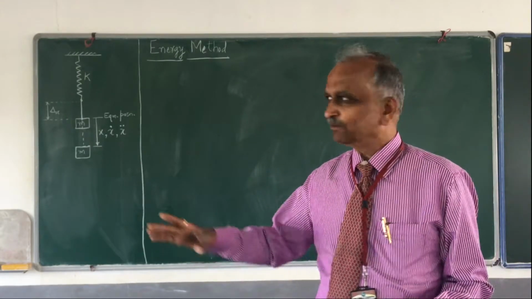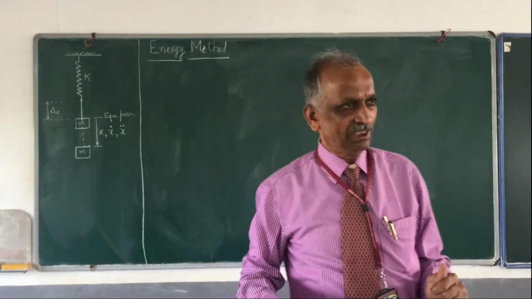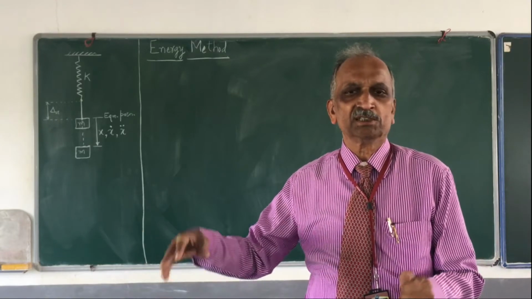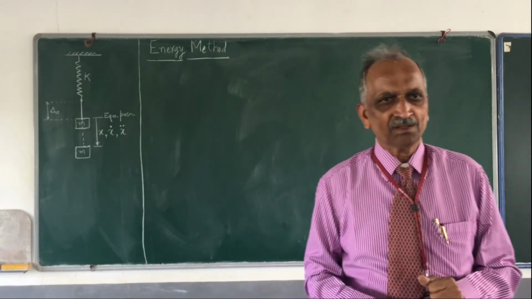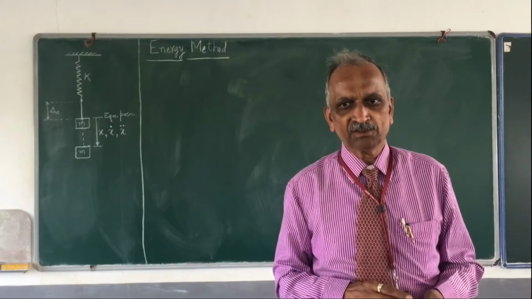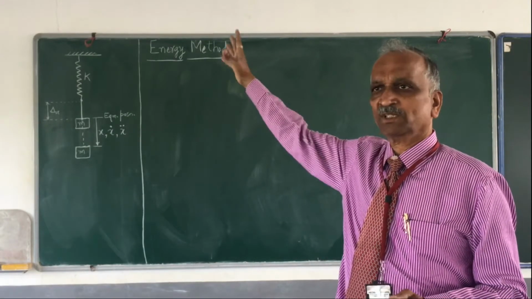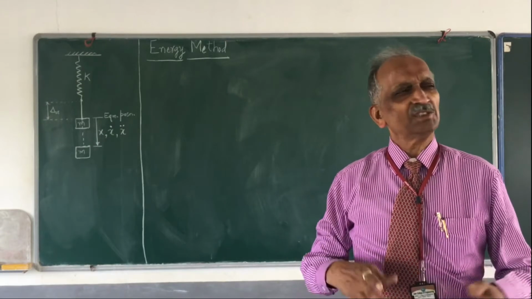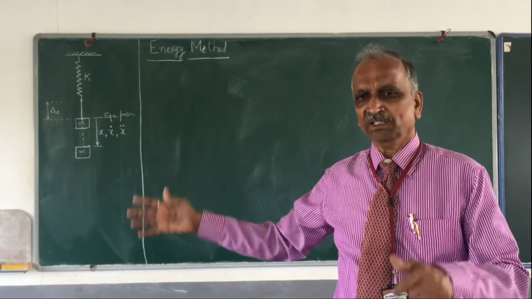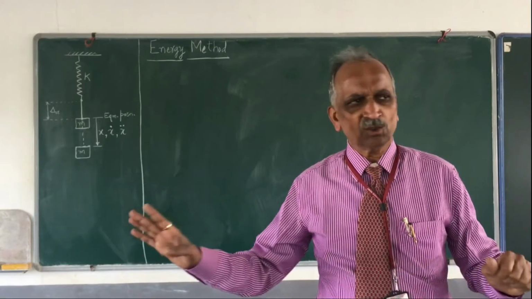When we apply the same thing to our system, we say that the total energy is the sum of the energies in different forms, and that is constant and is not going to change. Since the system is undamped, there is no loss of energy.